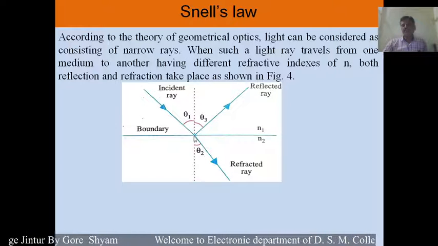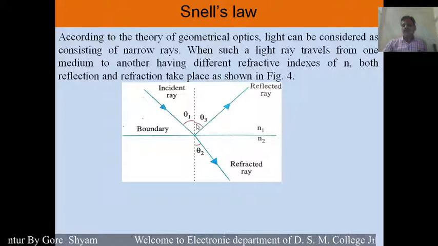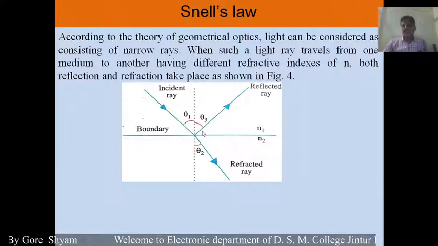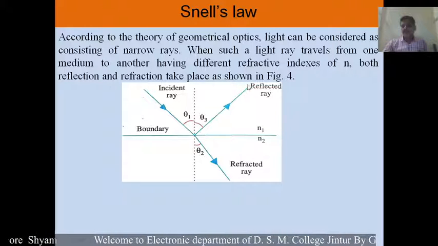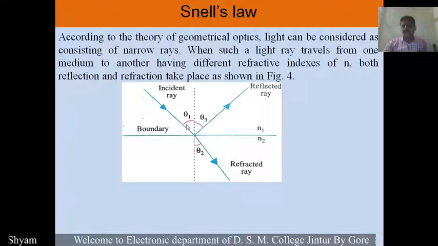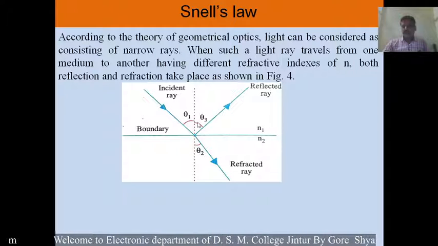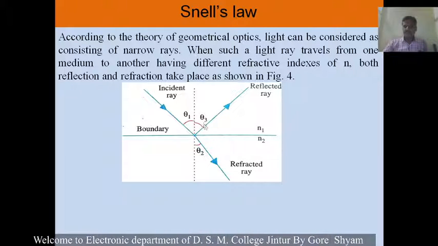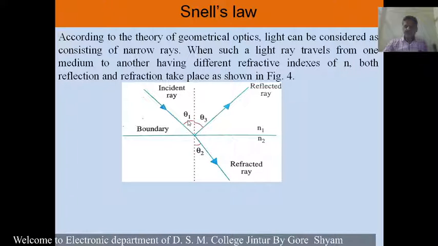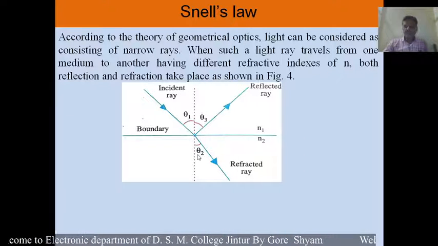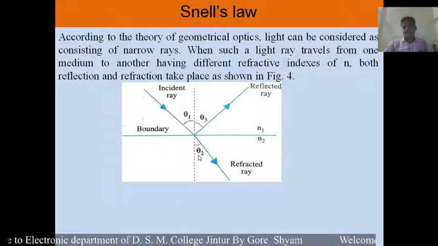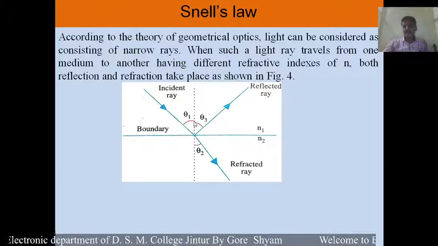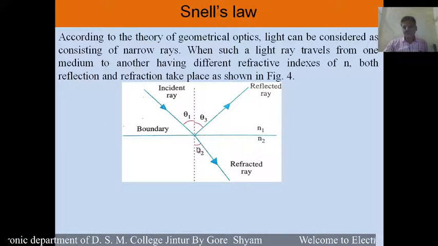Similarly, the angle theta 3 is known as the reflected angle, and here theta 1 is equal to theta 3. But this theta 1 is not equal to theta 2. Here theta 1 is greater than theta 2.